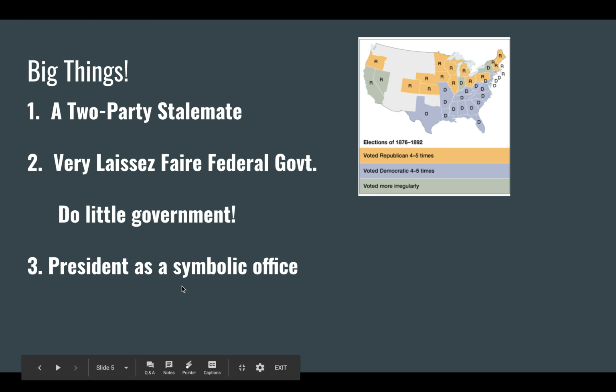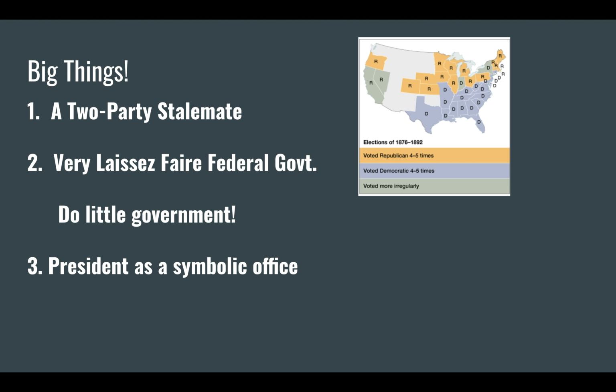And the president is seen as more of a symbolic office, not someone who's a really strong leader. That's why you probably don't remember any of the presidents from the Gilded Age. Maybe Garfield, because he died pretty early on, so he's kind of famous for that. But Benjamin Harrison and Grover Cleveland, all these names that maybe you remember from the presidents test you took in 8th grade, you probably don't know much about them because they really didn't do all that much when they were in office.